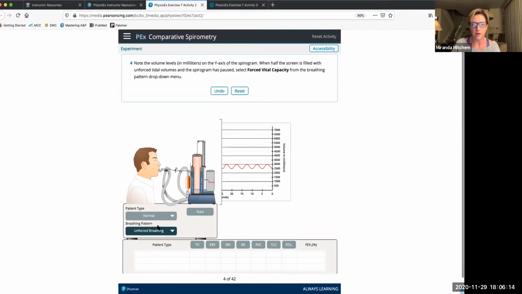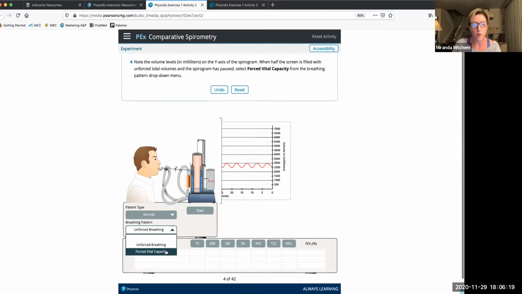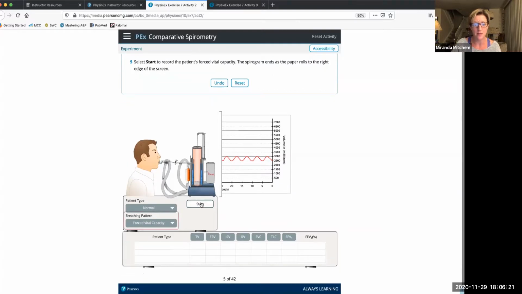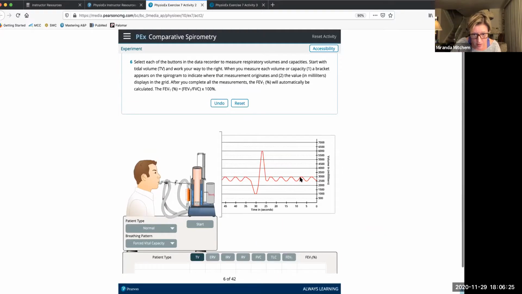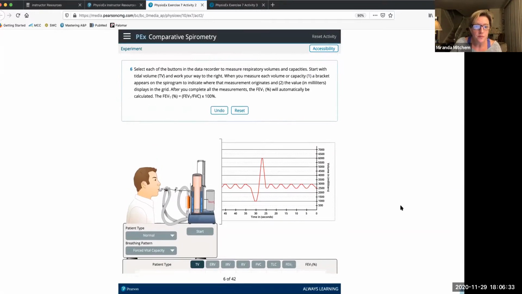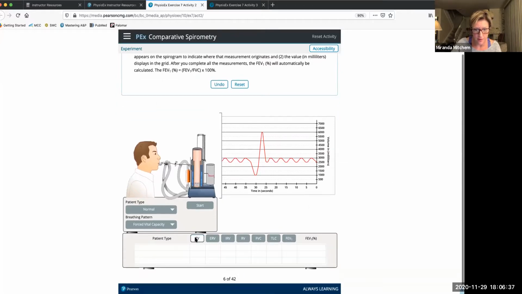There's tidal volume. And now it's asking us to switch it to forced vital capacity. And here's that change. So this is all tidal volume. And then take a big deep breath in and blow out. Okay. So it wants us to populate the data field. So I'm going to do that.